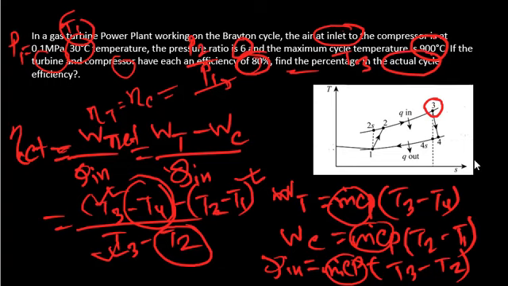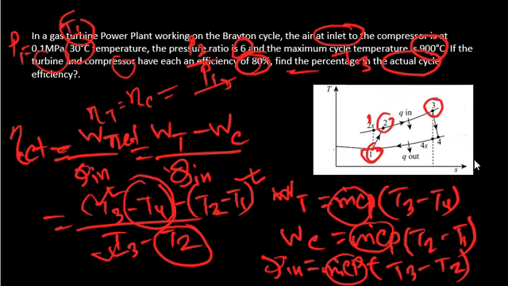The individual efficiencies are given, but we don't know T2S and T4S, and T4 and T2 are not given, so we have to find them from the output and input. For the compressor, the output is this one minus this one, and the input is this one minus this one.